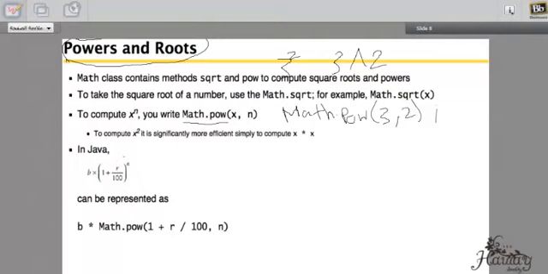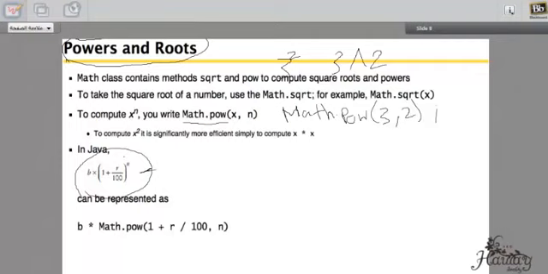Now, if we have this algebra expression, b times (1 plus r divided by 100) to the power of n. Obviously, in Java, we cannot write it in this manner. In Java, we have to spell it out, as I said to you.